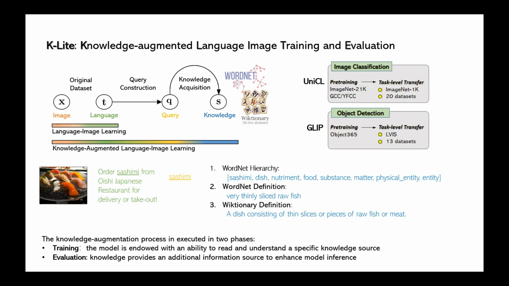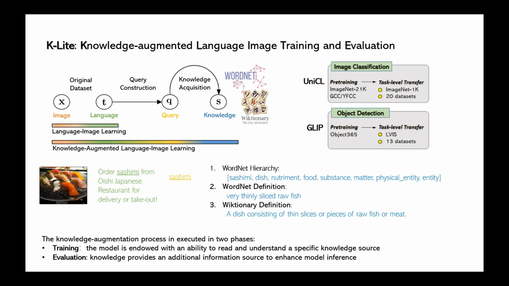It first constructs queries using some entity extraction technique, and then we use the queries to query the database, and get the corresponding external knowledge for this concept. We can then use this retrieved external knowledge as additional supervision for the image language learning.